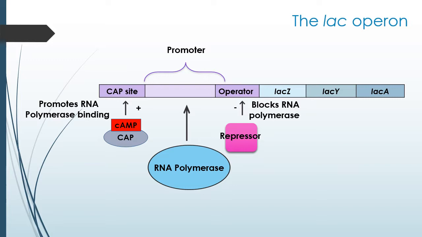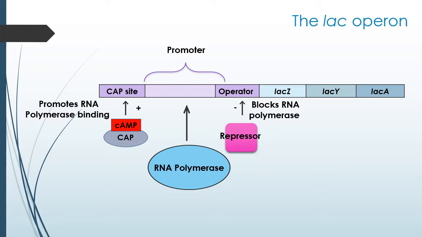In addition to the three genes, the lac operon also contains a number of regulatory DNA sequences. These are regions of DNA to which particular regulatory proteins can bind, controlling transcription of the operon. So let us define what a promoter is.